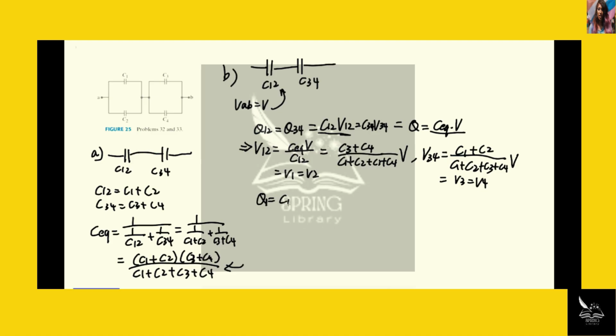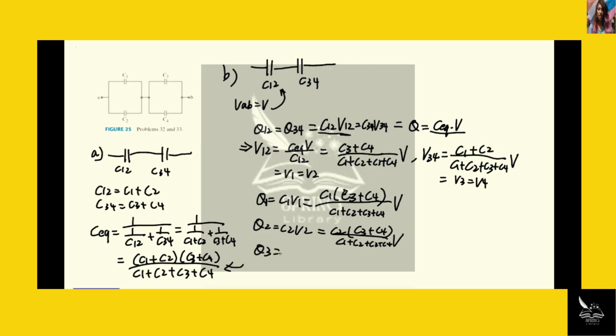And from that, we can find the charge on each of them. Say Q1 equals C1 V1. So that is C1 times C3 plus C4 over C1 plus C2 plus C3 plus C4 times V. And Q2 equals C2 V2 equals C2 times the same thing. Q3 equals C3 V3. V3 is here.